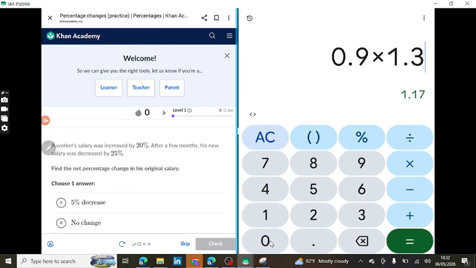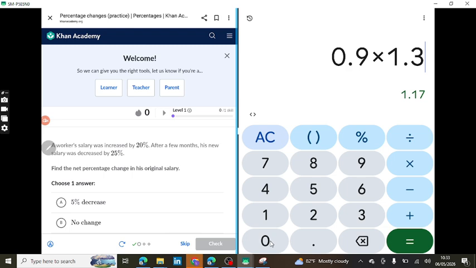Now let's look at this one. A worker's salary was increased by 20%. After a few months, his new salary was decreased by 25%. Like in Nigeria. The first one is times 1.2, right?